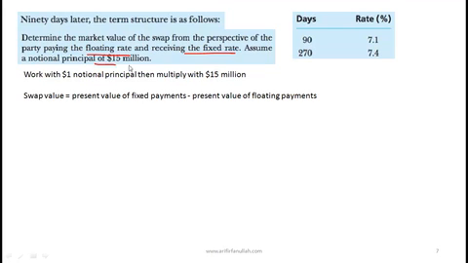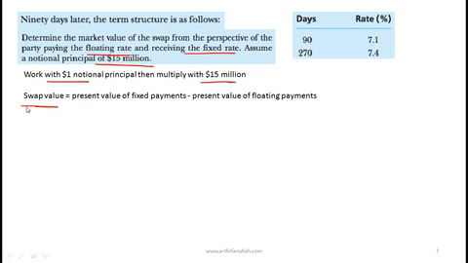Assume a notional principal of 15 million. The way we will do this is basically what the curriculum does, which is start with a $1 notional principal and then simply multiply by 15 million at the end. Now, what is the perspective that we need to take? The party paying the floating and receiving fixed.